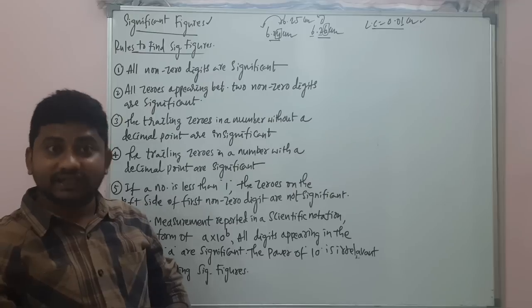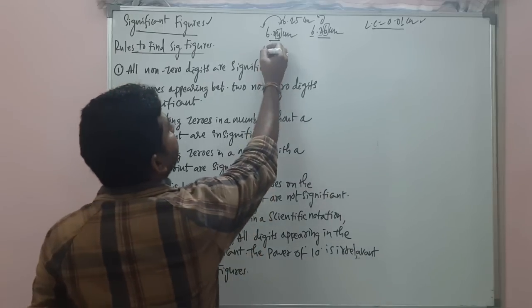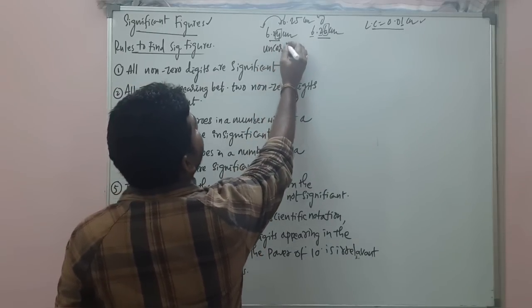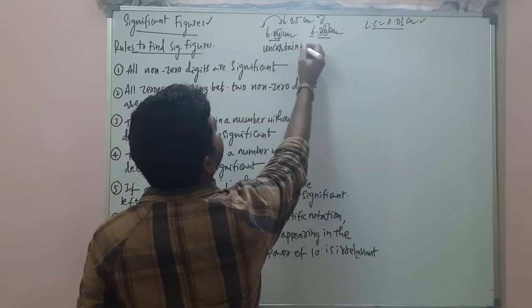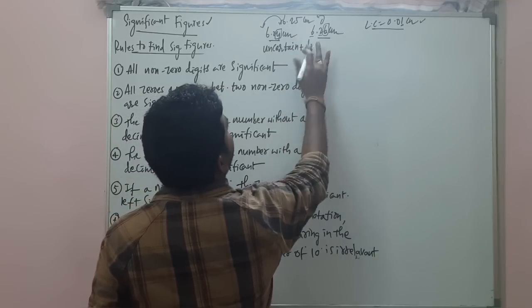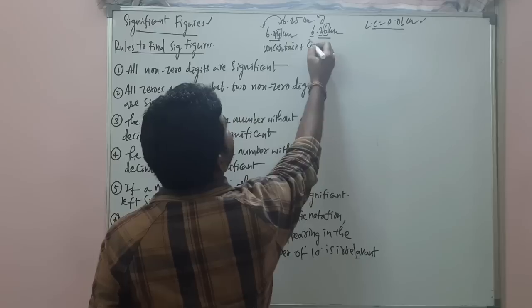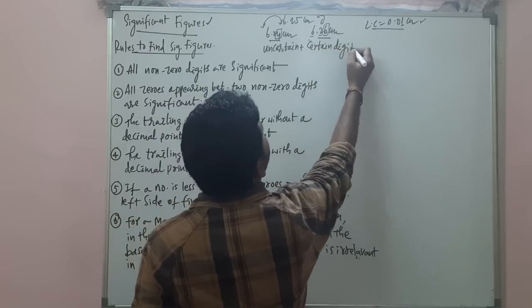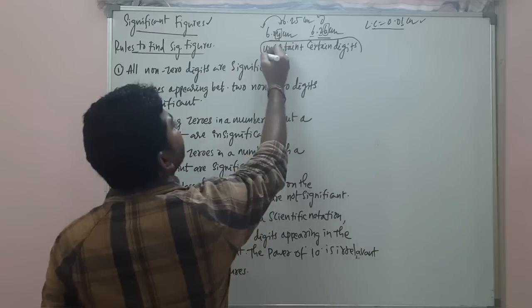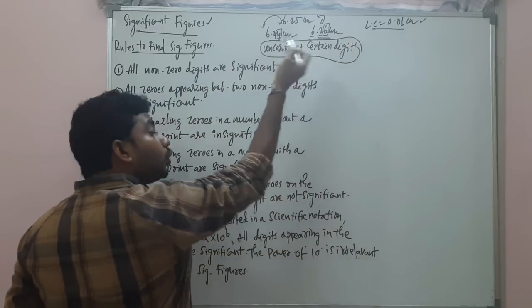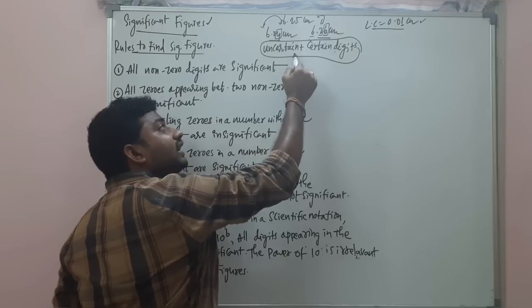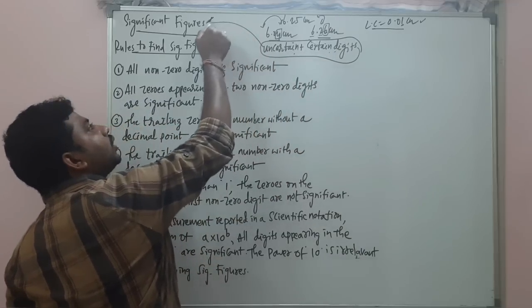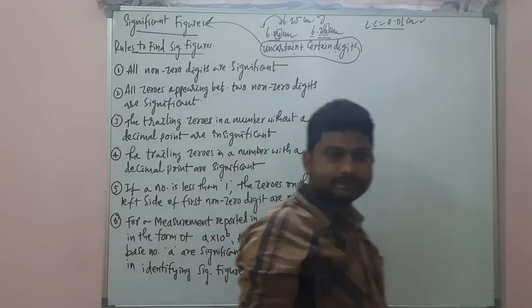So, I am writing here. In a measurement, there are some uncertain plus certain digits. Uncertain and certain digits exist in every measurement we take, and the total number of uncertain and certain digits are called significant figures.